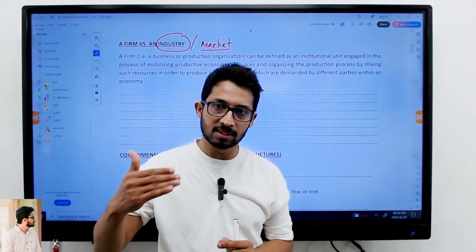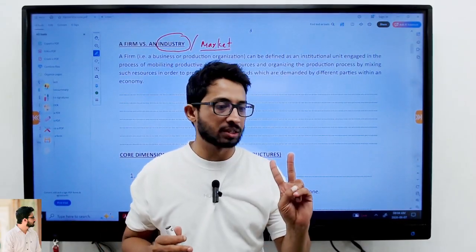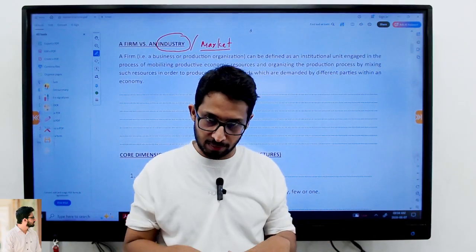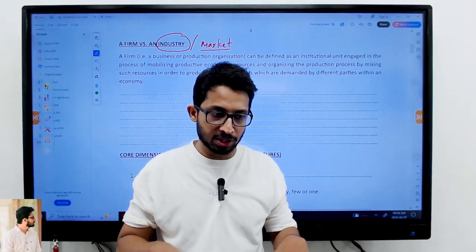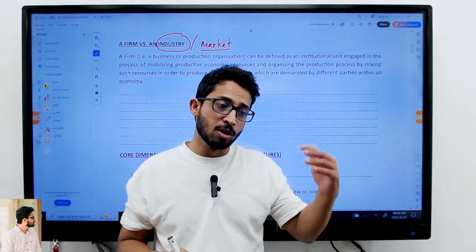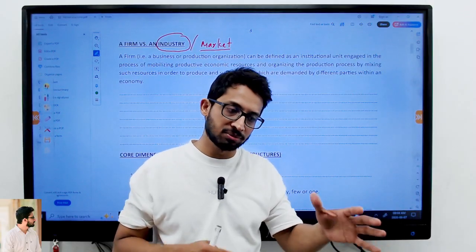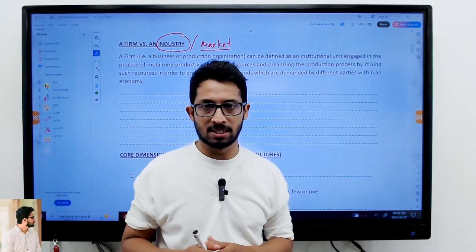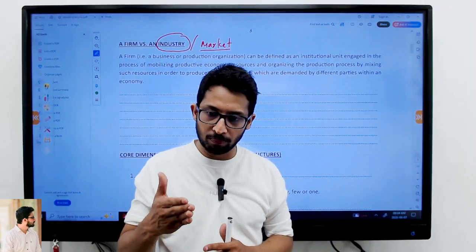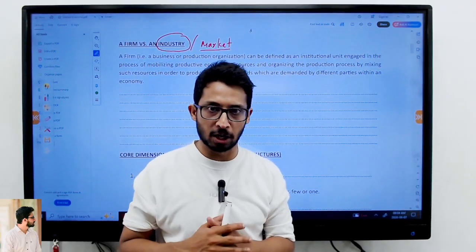Mainly there are 2 functions. Number 1, organizing the production process. Second, mobilizing, which means moving factors of production from one place to another. That is the main task of a business organization.